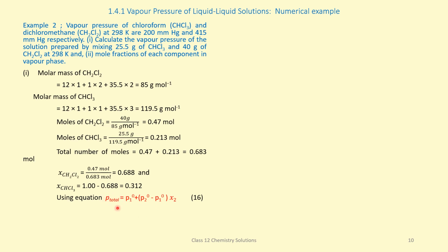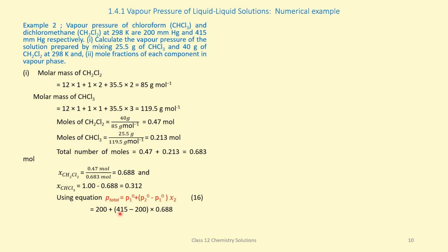Here, this is the total pressure, and P1 and P2 are the partial pressures of components 1 and 2. Substituting, P1 naught is 200, plus 415 minus 200, into 0.688, that is the value of X2.